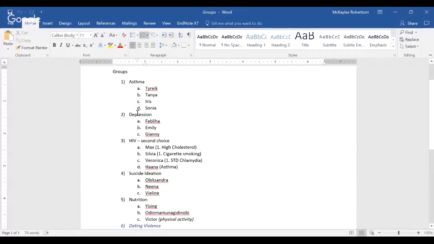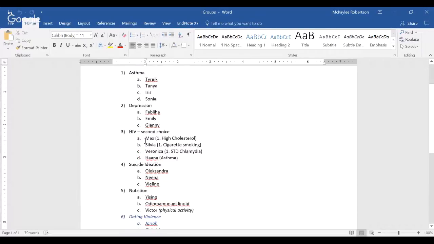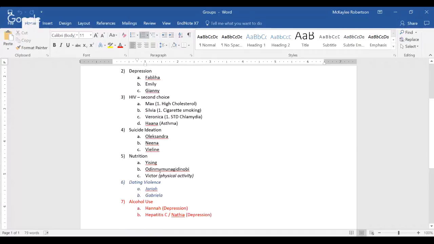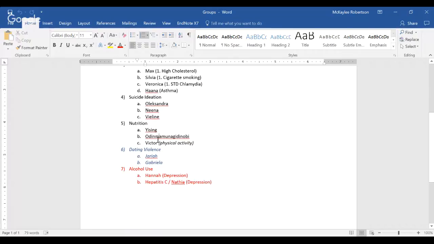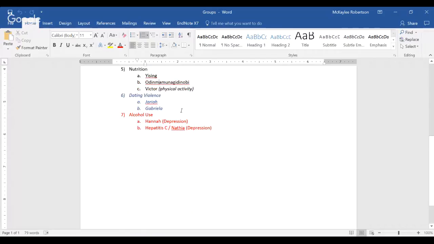All right, so we have an asthma group, a depression group, HIV, the HIV team is composed of 4 people who did not pick HIV as their first choice, but did pick it as their second choice. There's one group for suicide ideation, a group for nutrition. Victor, I put you in the nutrition group because you selected physical activity. And I think these topics are related. There's a dating violence group and an alcohol use group.